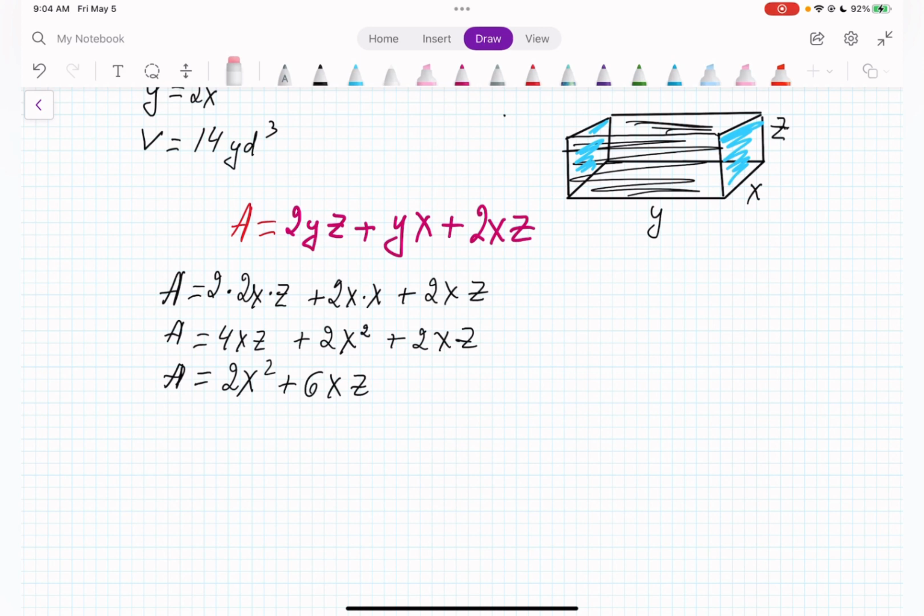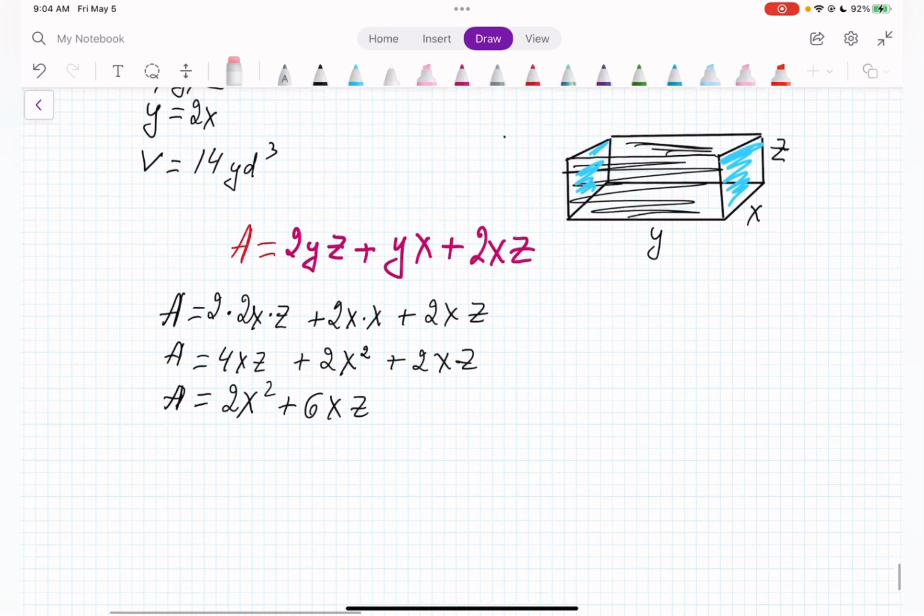We already know the same trick we were using with volume, because volume is given as 14, and we know the formula for volume: length, width, height, right? Which in this case is x, y, and z.